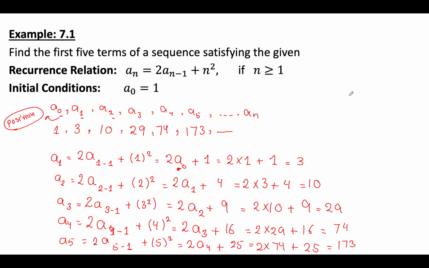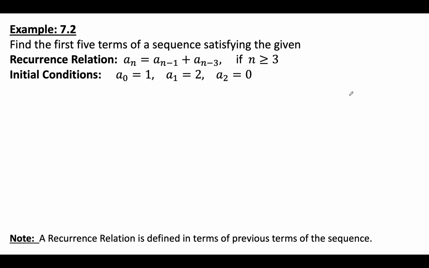Now let's check the second example here. Again, we need to find the first 5 terms of a sequence satisfying the recurrence relation and initial conditions. If you notice here, I've got more than one initial condition, which is A0, A1, A2.